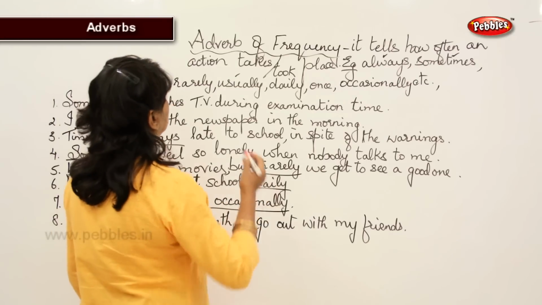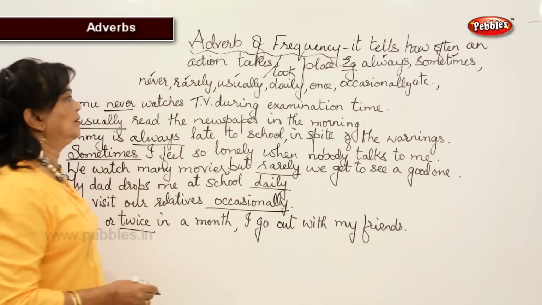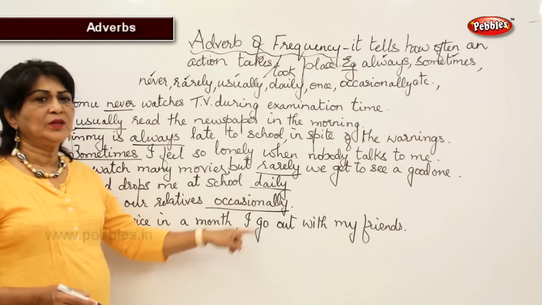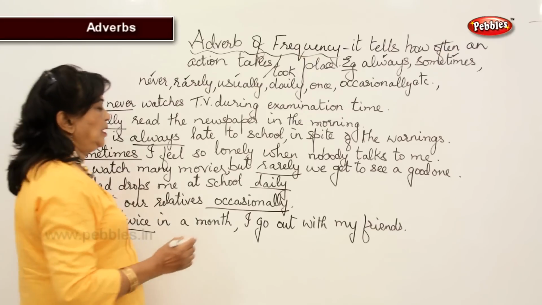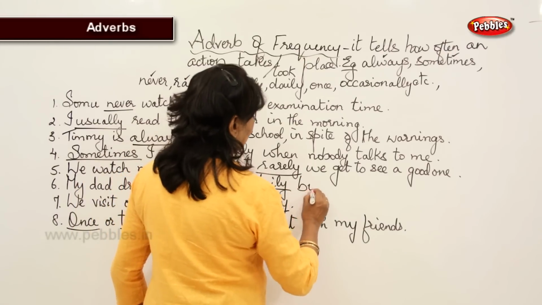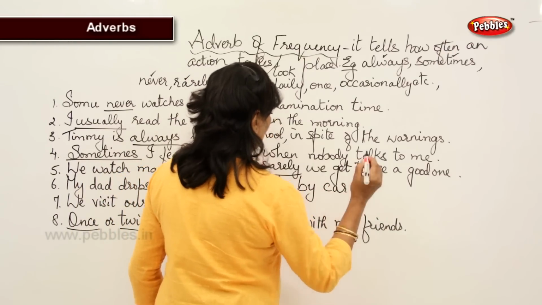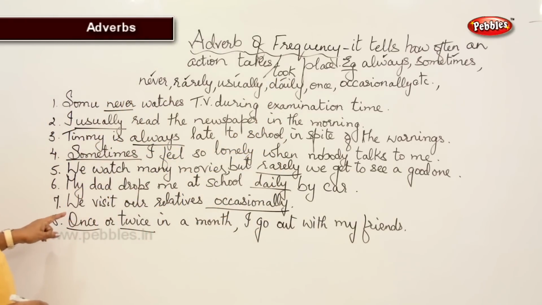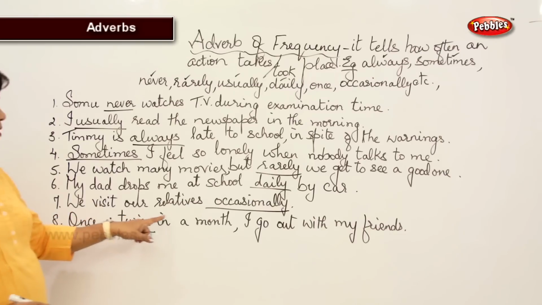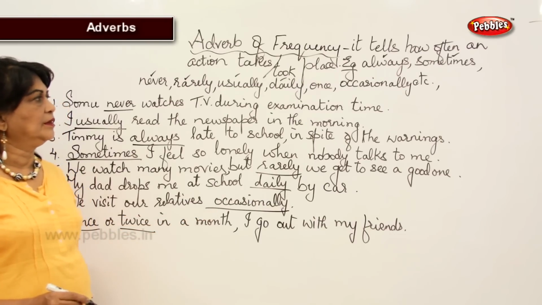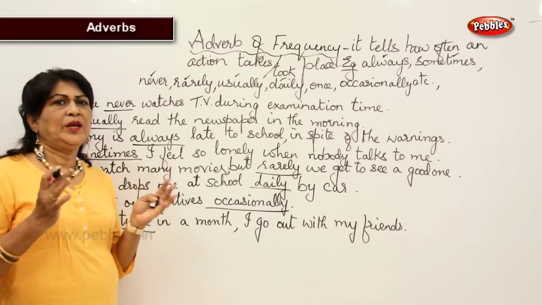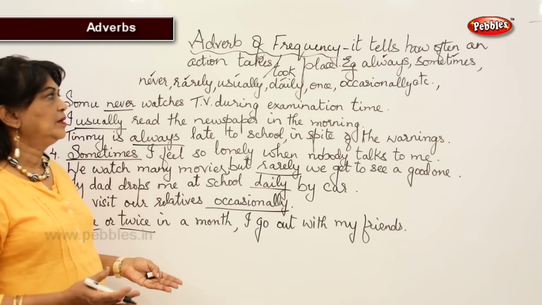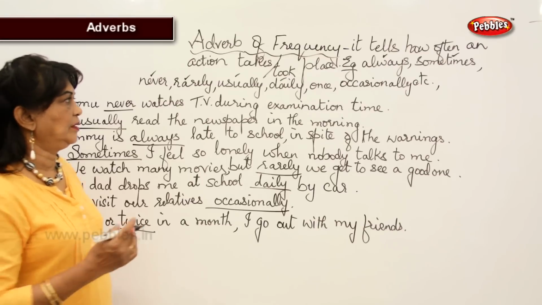Rarely. That is not very often. My dad drops me at school daily. Daily by car. Next one. We visit our relatives occasionally. That is, whenever there is a great opportunity, then we visit our relatives occasionally. Okay.